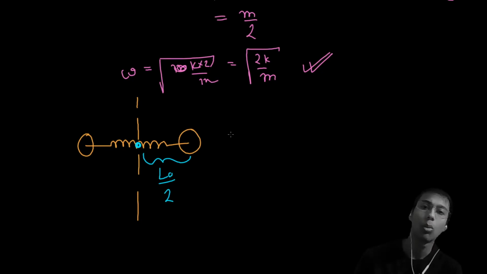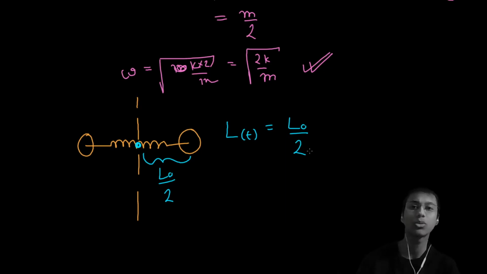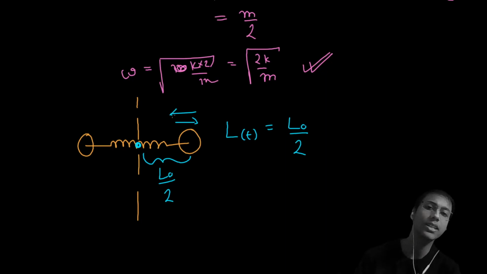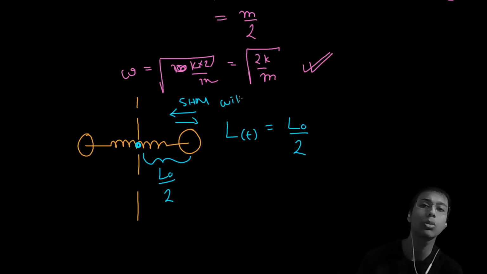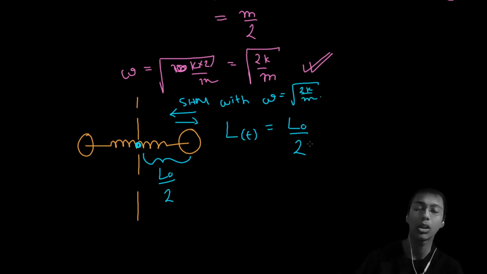So what can you write as the length as a function of time? Suppose the length as a function of time would be equal to L0 by 2, because that's what you see. And what would you see? That this one is doing an SHM with omega equal to root over 2k by m, because the time period doesn't change on our basis of reference.